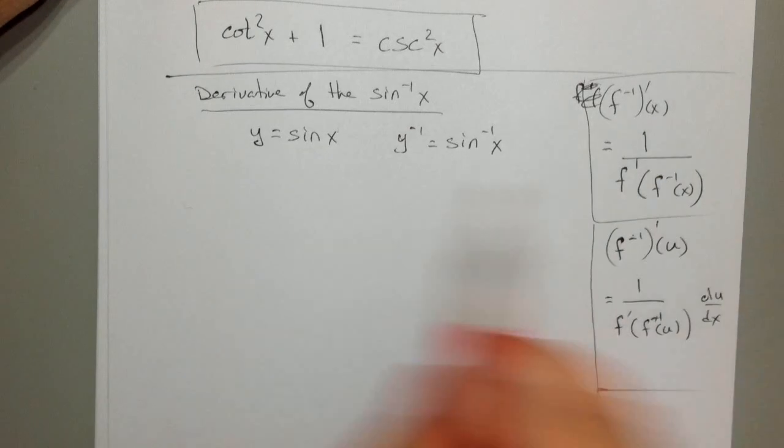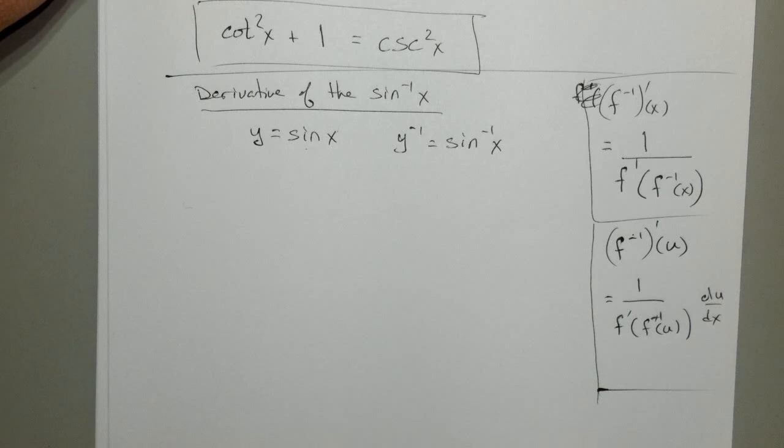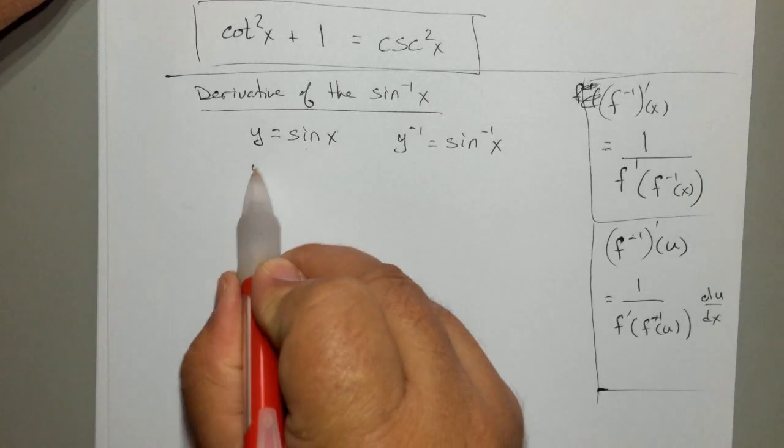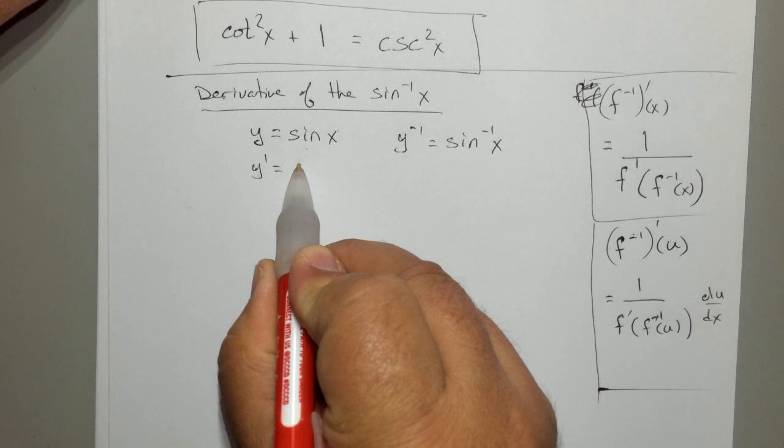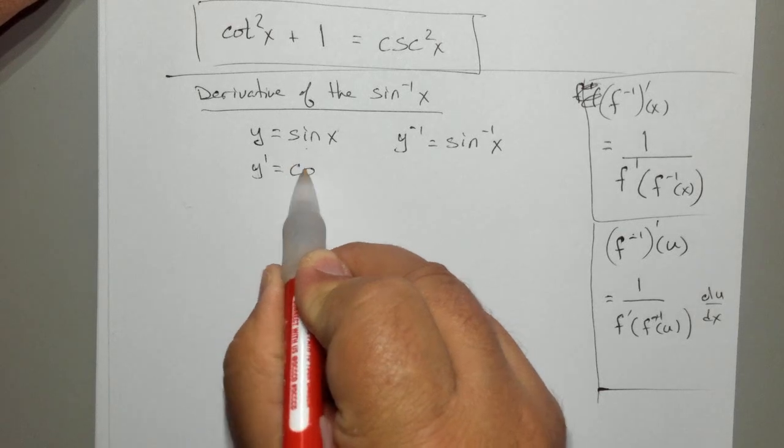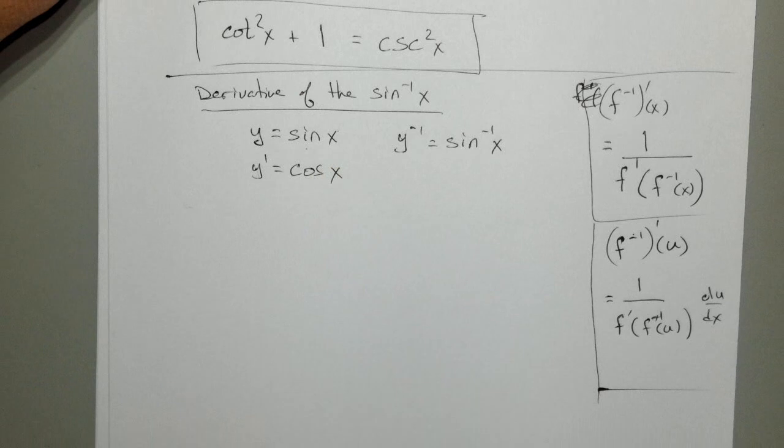So to use this with the sine function, what do we need? We need the derivative of the sine function, which is cosine of x. Very good.